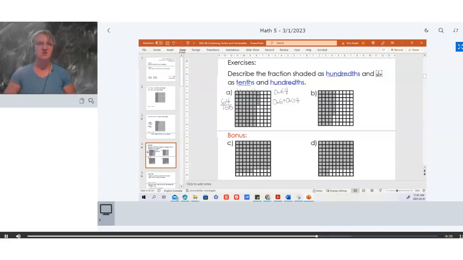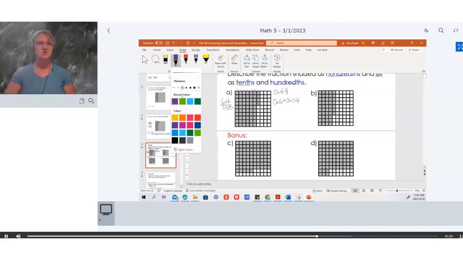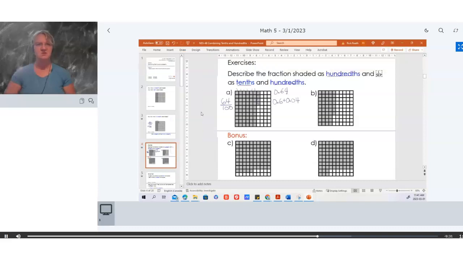All right, for B, let's switch colors. This lovely green color. Out of 100, we've got 10, 20, 30, 40, 41, 42, 43, 44, 45, 46, 47. So as a fraction, 47 out of 100.